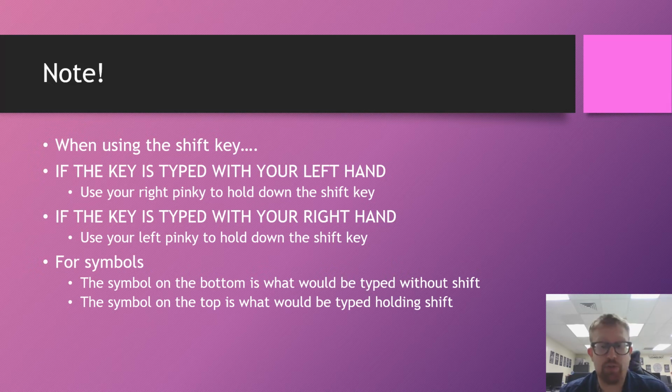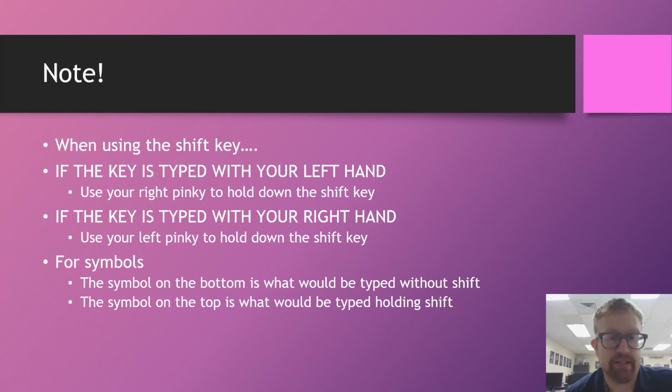For symbols, we'll talk about symbols next week. You'll notice that some of the keys on the keyboard have symbols above them. The symbol on the bottom is what would be typed and printed without holding the shift key.